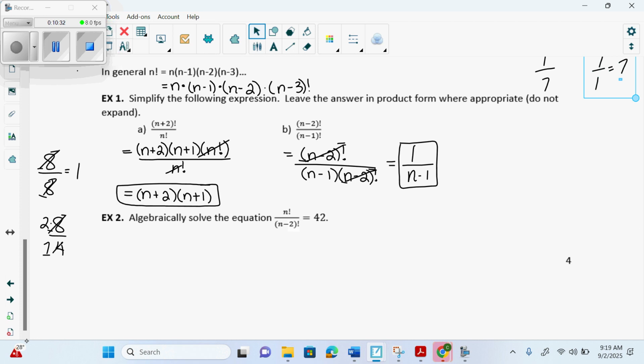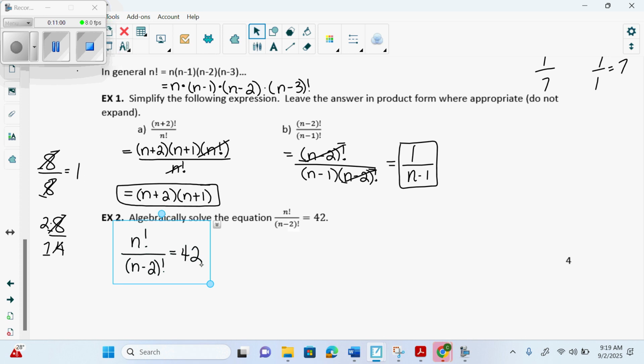Okay? So what we're going to do is rewrite it first. N factorial over n minus 2 factorial equals 42. What is our first step always? Figure out which one is bigger, correct? And then expand it to cancel off the smaller.